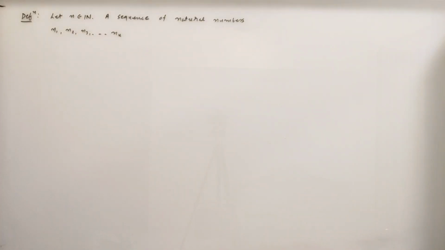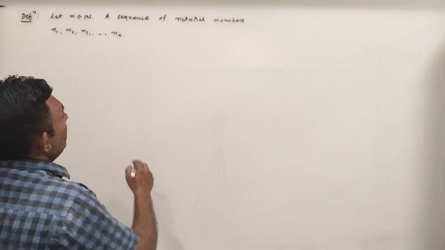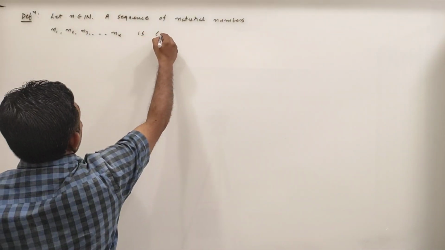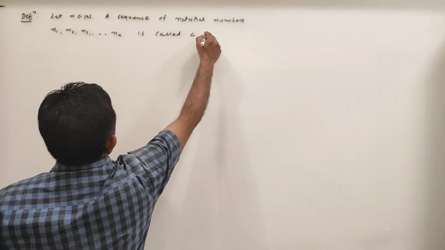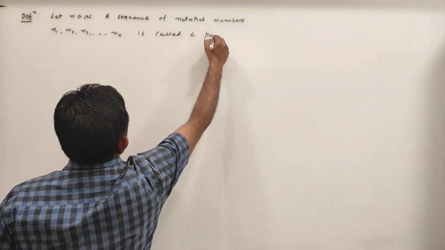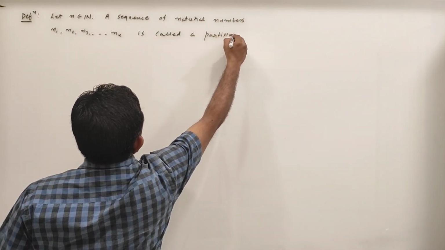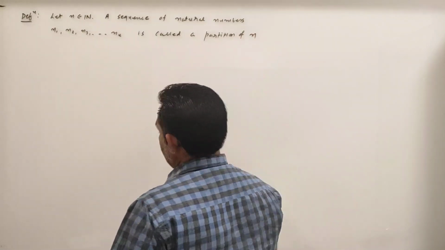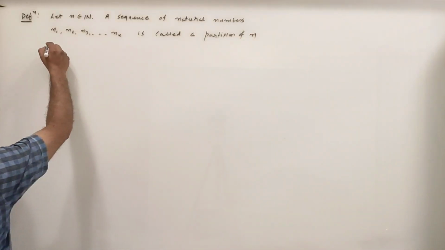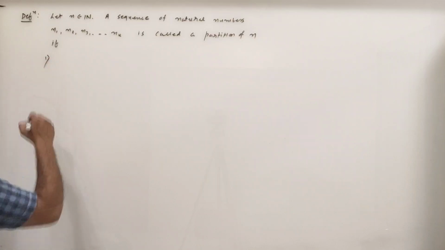A finite sequence of natural numbers n1, n2 up to nk is called a partition of n if it satisfies two conditions.